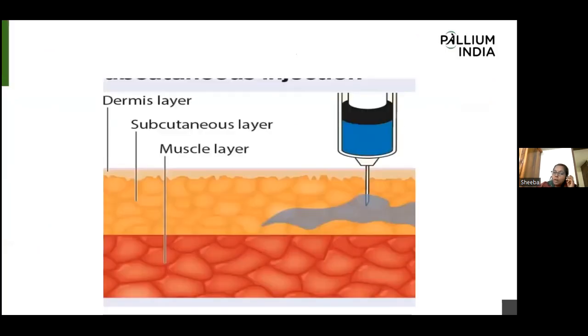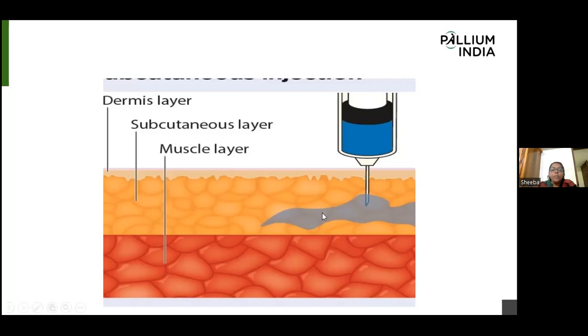We know there are three major layers: the dermis layer, the subcutaneous layer, and the muscular layer. If you do a subcutaneous infusion, you are going to give fluid or medications into the subcutaneous space.